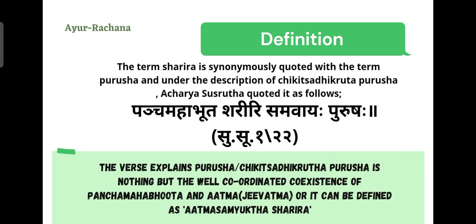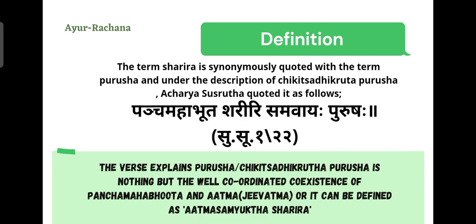So the term Purusha is a synonymous term that is used for the concept Sharira, and here particularly it has been explained that the term Sharira refers to the well coordinated coexistence of the Pancha Mahabhuta constituents and Shariri, that is nothing but the Jivatma.